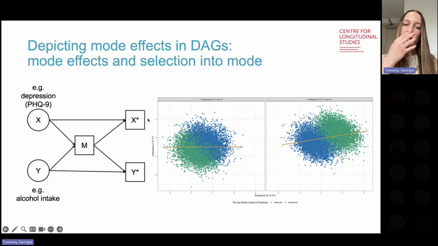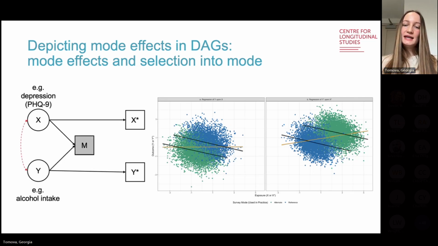We know that this is related to mode, and to resolve this, we might decide to adjust for mode in the model or look within strata of mode. And what would happen then is within mode, we would again see a relationship that is not true, because we've simulated the data, we know that in reality there should be no relationship. And again, this is because we have collider bias.